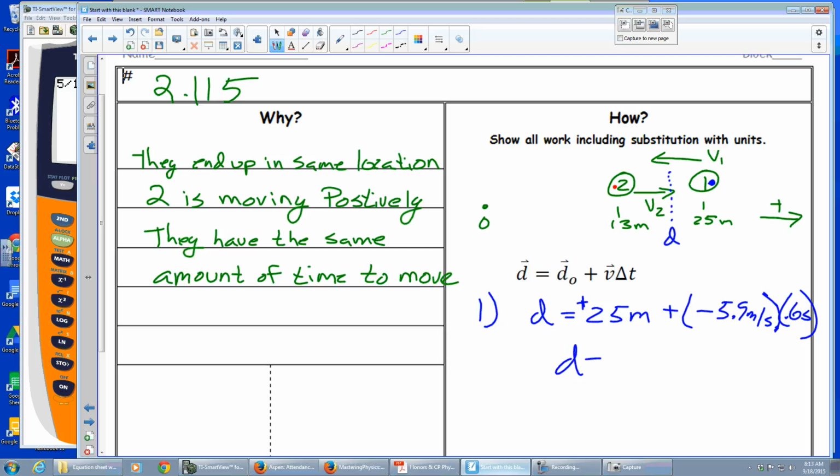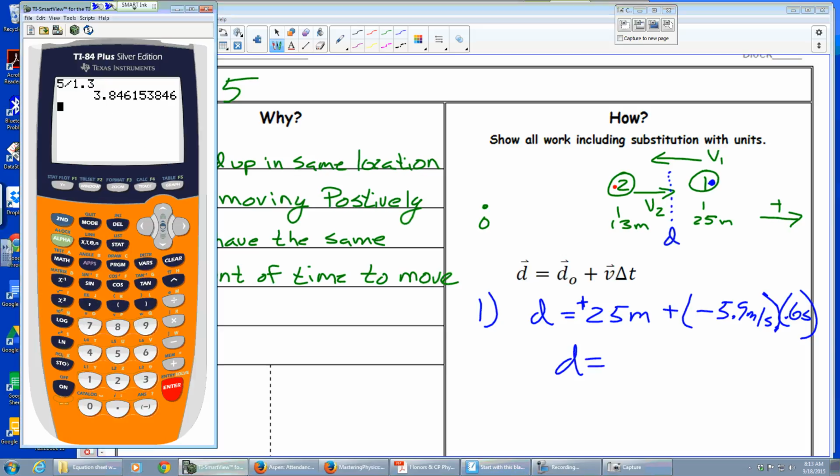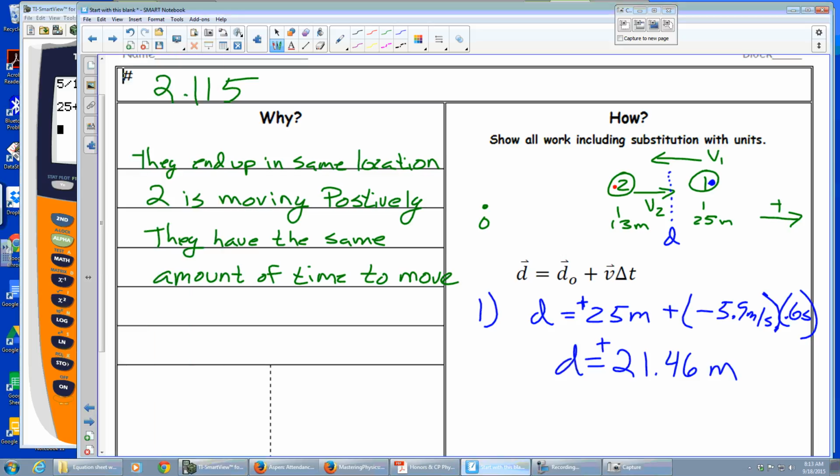And so I can solve for d. And I get 25 plus negative 5.9 times 0.6. And I get in that amount of time, number 1 gets to the location of 21.46 meters, and that's a positive location. I know it's positive because I didn't get a negative answer.